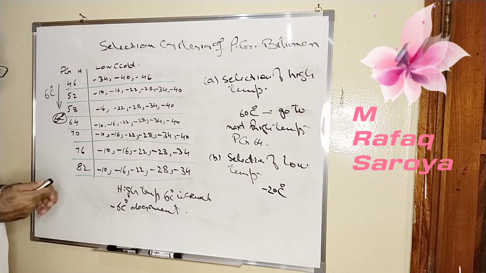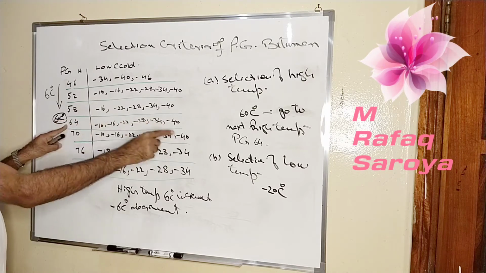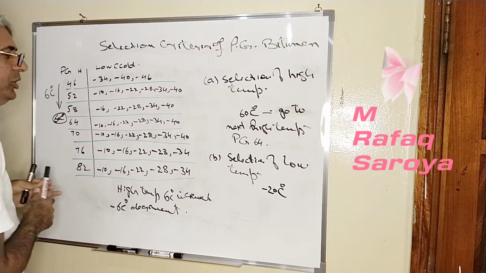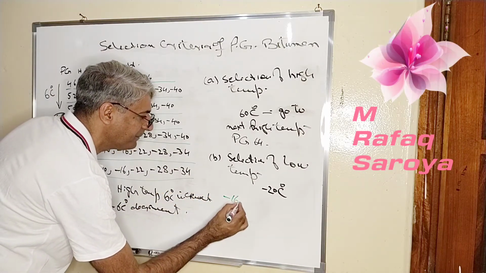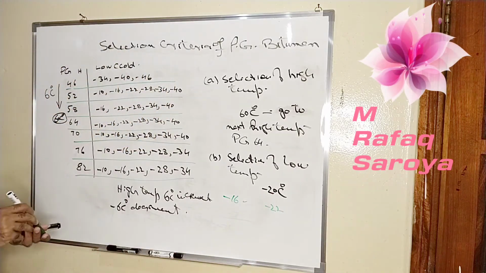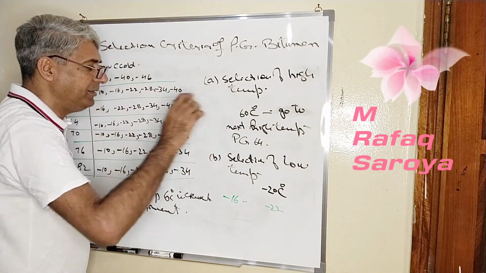From here, we will have to go to this row. Your minus 20 is between minus 16 and minus 22. What will you do? You have to go to the lower temperature of this one.